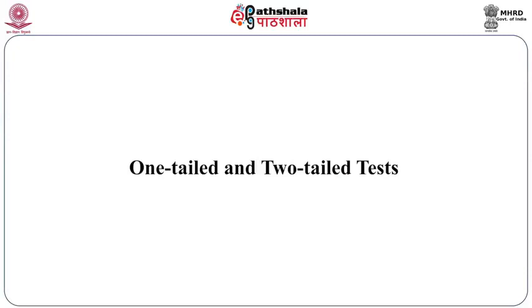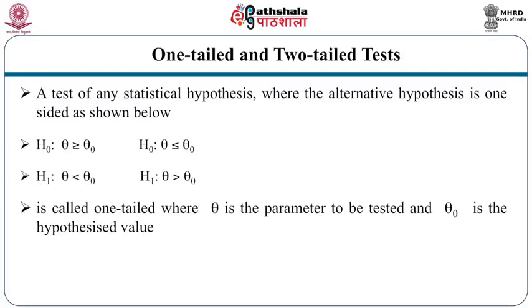Now there are the one-tailed test and the two-tailed test, which I have discussed in this particular slide. You can see H naught is theta greater than or equal to theta naught, then H1 is theta less than theta naught. H naught is theta less than or equal to theta naught, H1 is theta greater than theta naught.